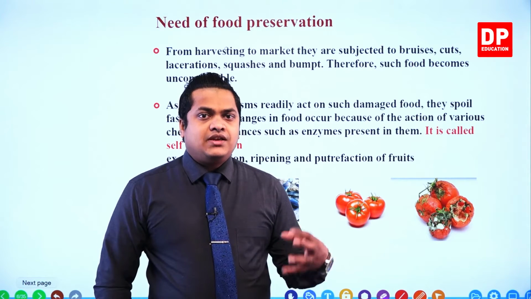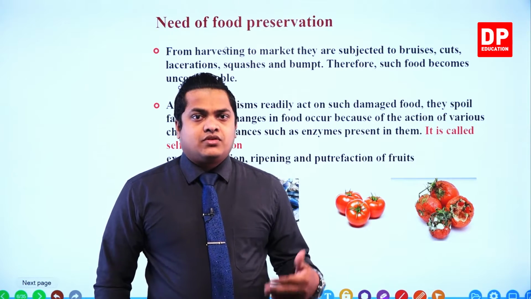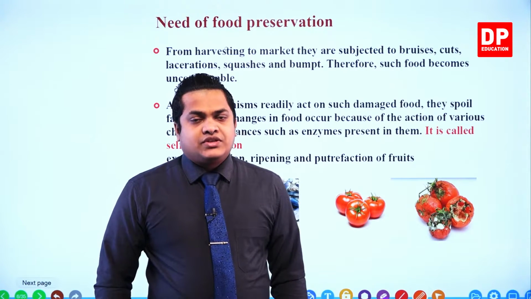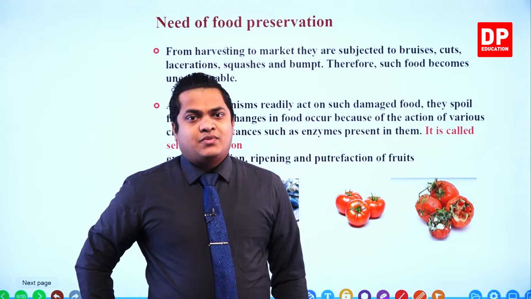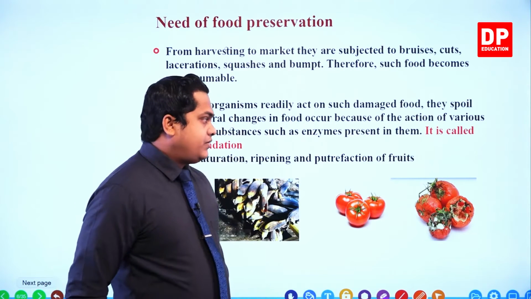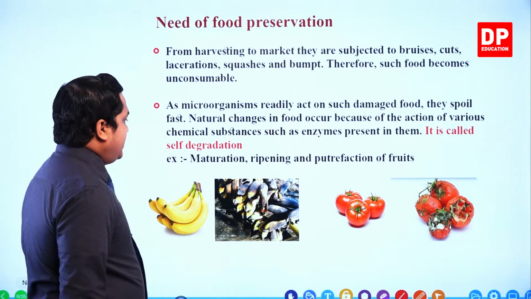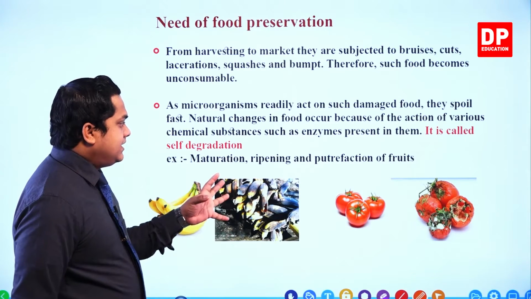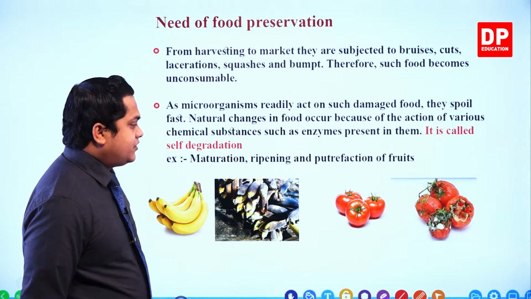So by that way, the spoilage of food is also getting accelerated. Okay, so these are the main reasons behind the spoilage of food. Right then, examples given for self-degradation: maturation, then ripening and putrefaction of fruits.